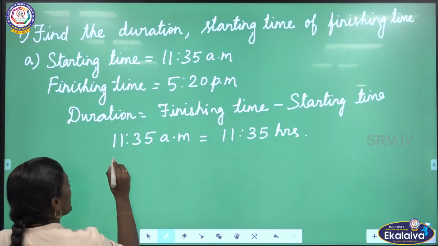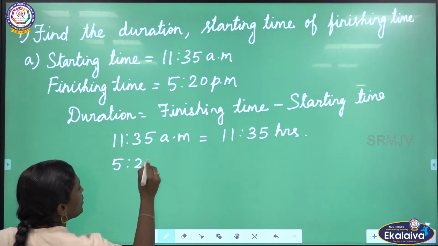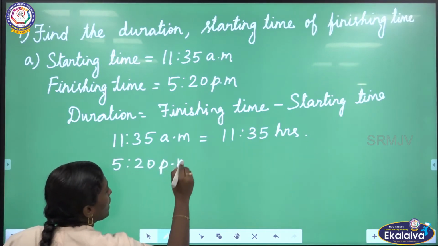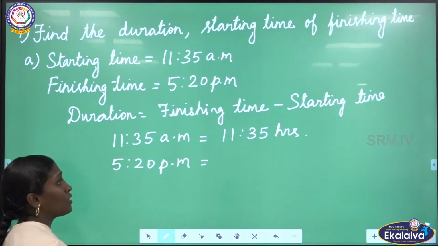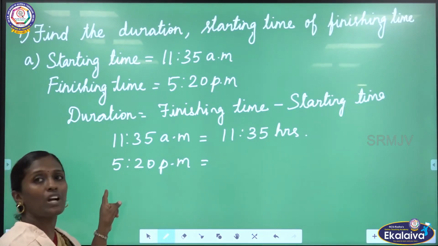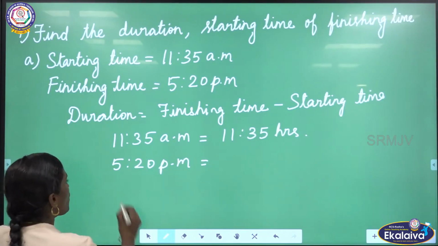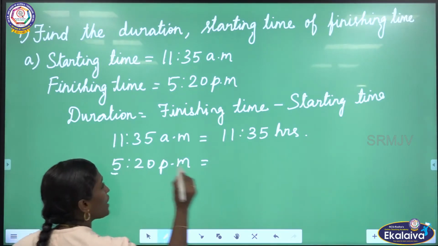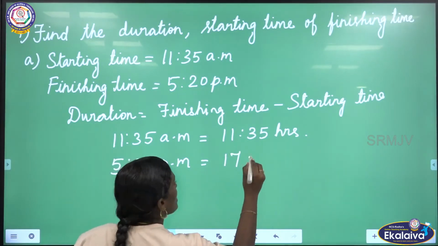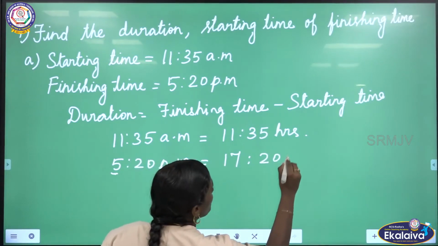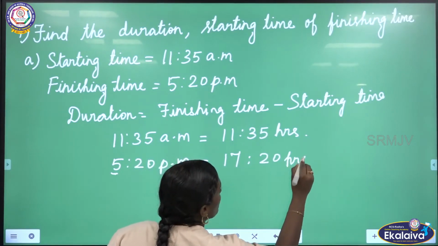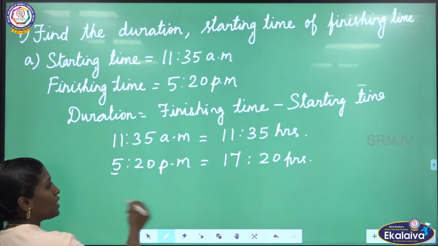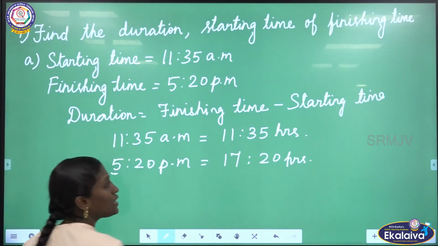Then the second one, 5:20 p.m. While converting p.m. to 24-hour clock, we have to add 12 hours. If you add 12 hours to 5, 12 plus 5, we will get 17. 17:20 hours. So, 5:20 p.m. is equal to 17:20 hours.